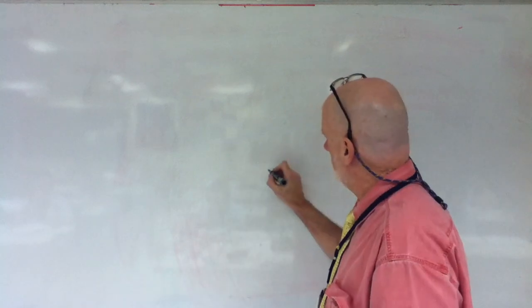So how did you determine that ammonia, NH3, is trigonal pyramid and aluminum chloride is trigonal planar? How did you do that? Those are two shapes, but how did you determine the shapes? You use the theory.